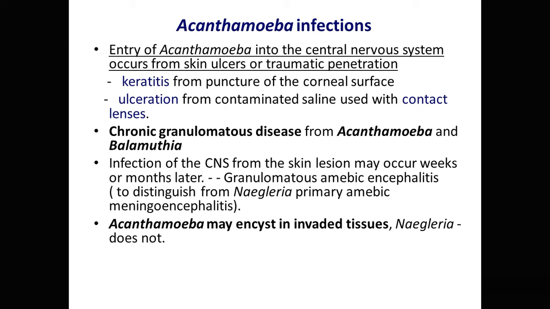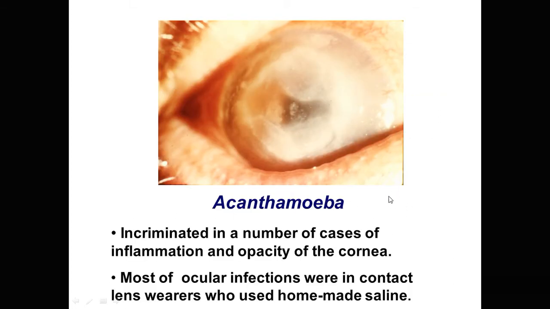Acanthamoeba may persist in the invaded tissue, while Naegleria doesn't form cysts in the tissue. And this is the eye damage due to Acanthamoeba. We see the opacity of the cornea, which can then be associated with some visual disabilities.